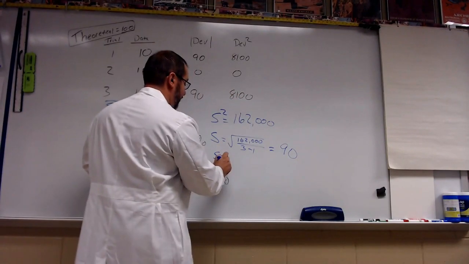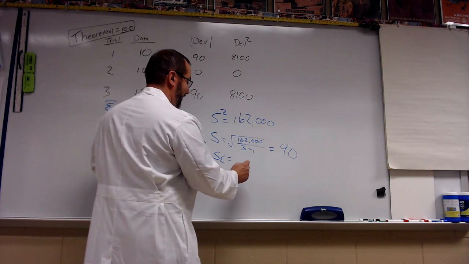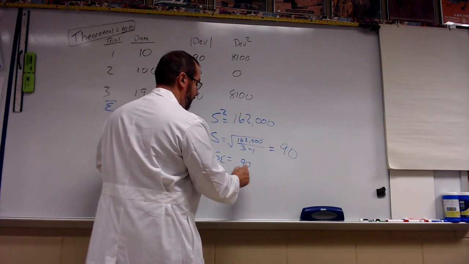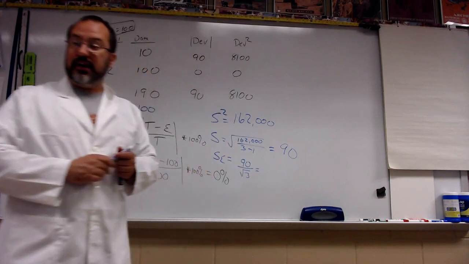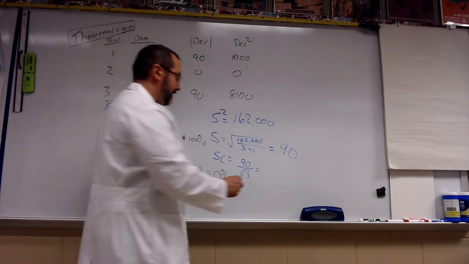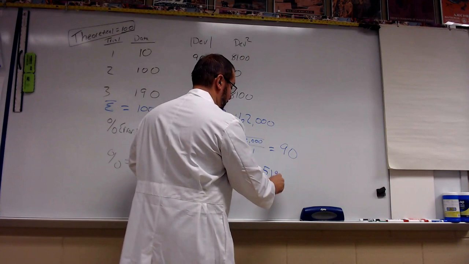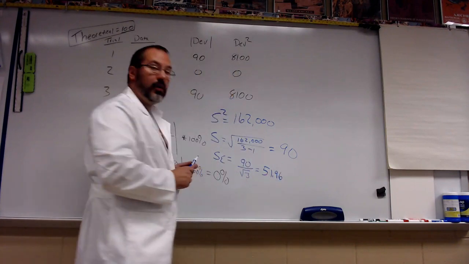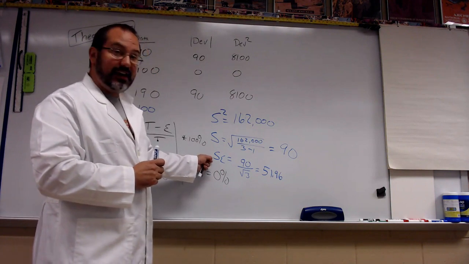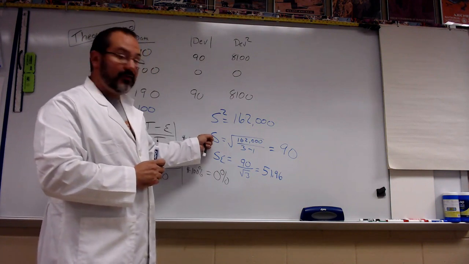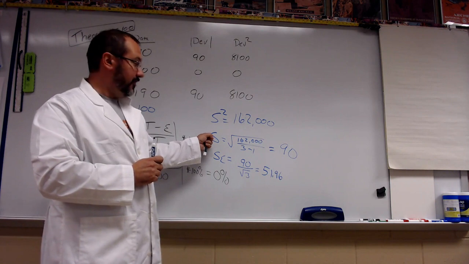And then my standard error would be 90 divided by the square root of 3, which ends up equaling 51.96. This value of 51.96 represents the accuracy measurement, and the standard deviation is going to represent the precision measurement.